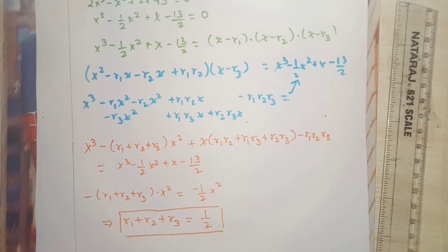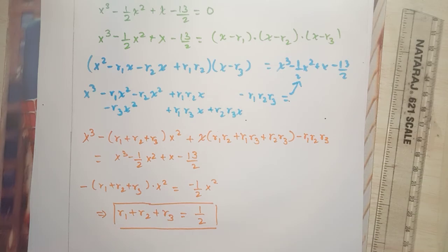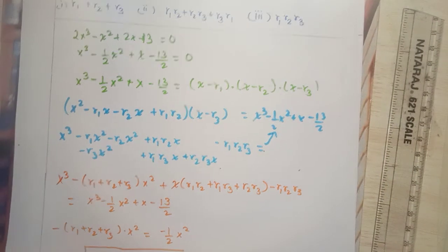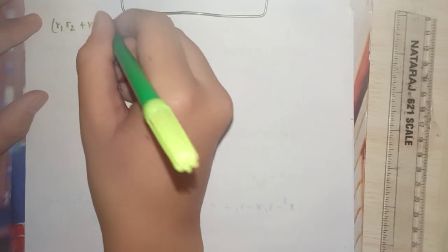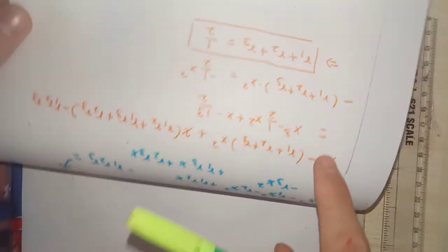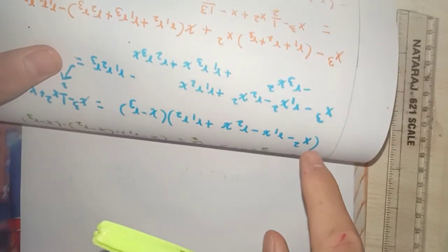Next, let us find, and let me turn the page here. So we were comparing the two sides: r1 r2 plus r2 r3 plus r3 r1 times x equals, let me see, what was the x term here?